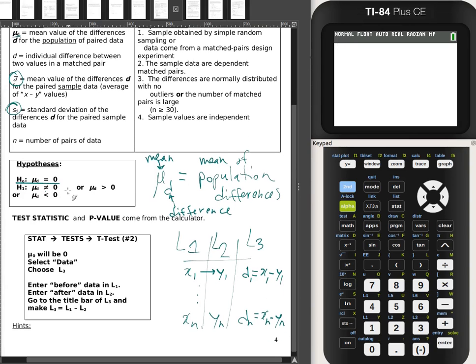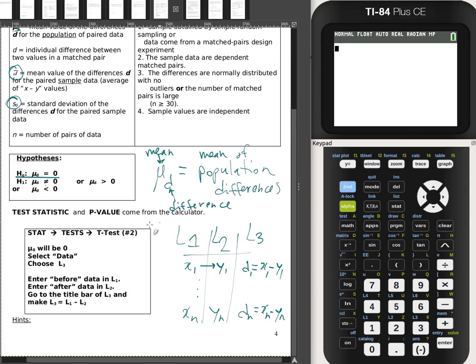But it's all centered around 0 because what we're talking about is whether there is a difference between the two populations. And we will be using, in this case, the t-test, because of course means always go with the t-value. And then we will be using list 3. We will set it up so that list 3 has all of the differences.